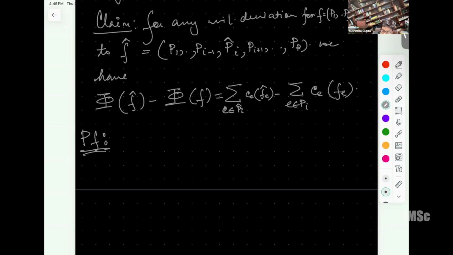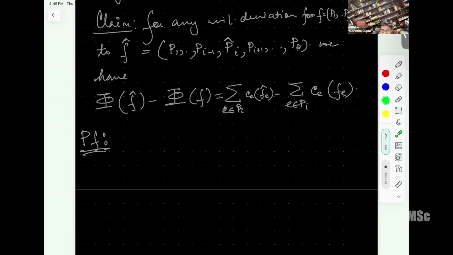It would tell us that the difference between the potential function from any flow to another flow, which is a unilateral deviation, is captured by this change in cost, right?